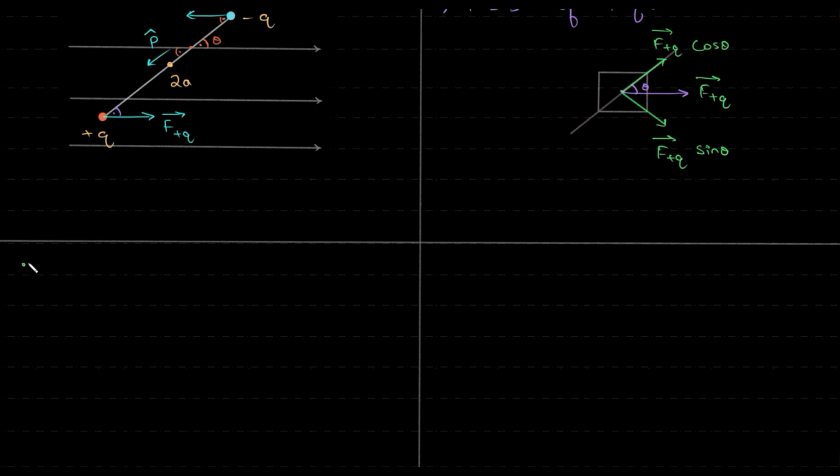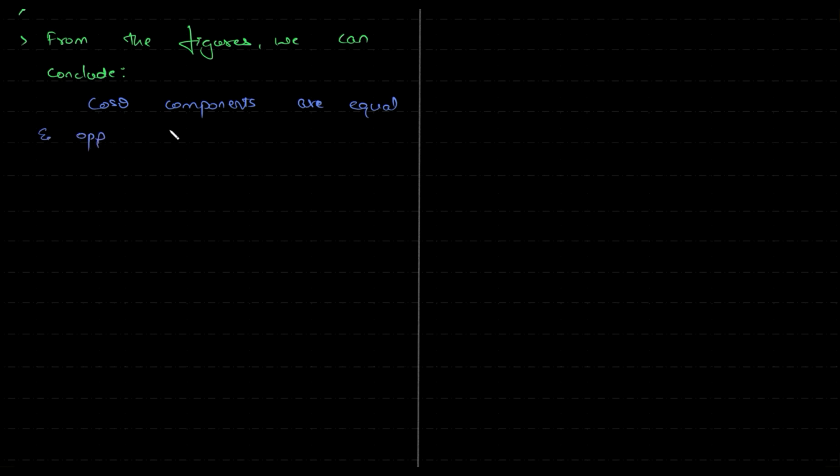So from the figures, we can conclude the cos theta components are equal and opposite, or let me put it this way, this is much easier. They will cancel each other, right?